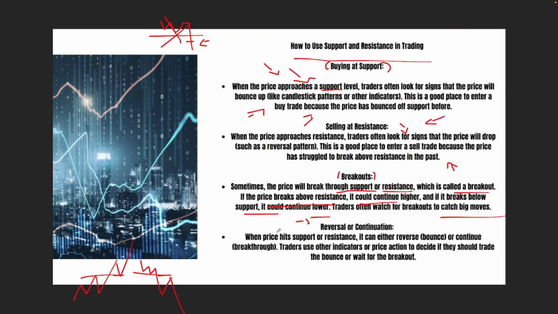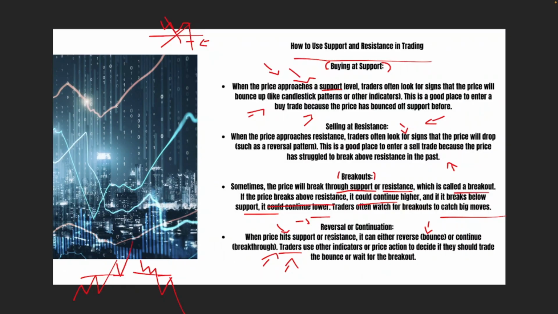So what is this over here? Whenever price hits an area of support or resistance, it can either reverse, which is a bounce, or it can continue through a breakthrough. This is where traders wait for price action to reach an area of interest, and once it hits, this is where you decide if you're going to take the bounce or wait for price action to reverse and start selling or buying the market.